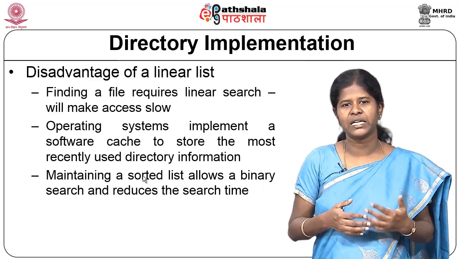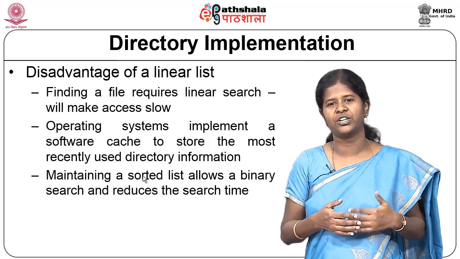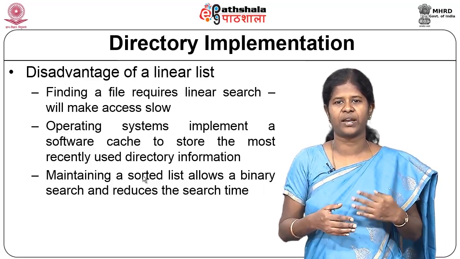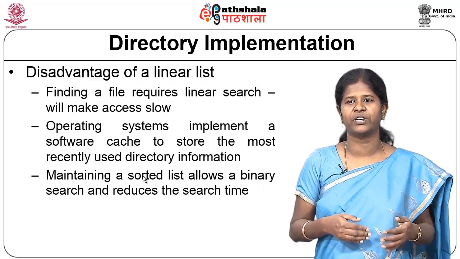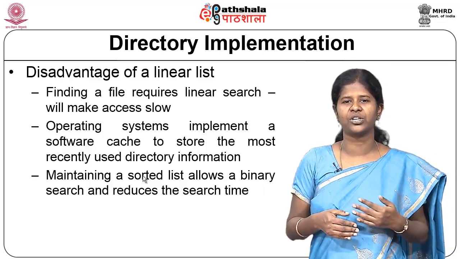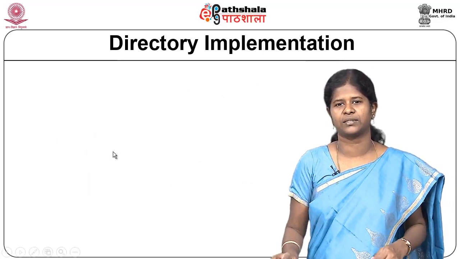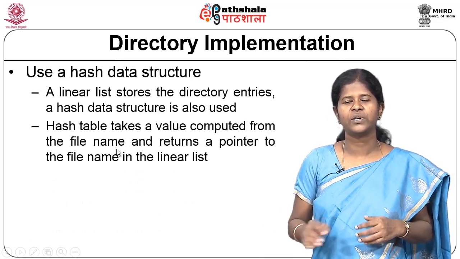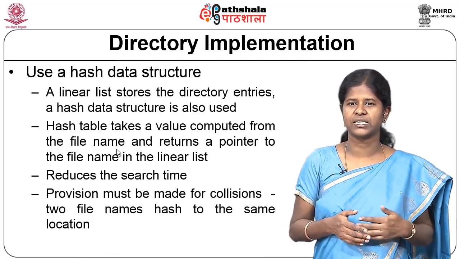You can also maintain a sorted list and then allow a binary search within that list, which can reduce the time, but maintaining the sorted list again becomes difficult. Whenever you are adding a new entry, you need to ensure that the list is maintained as a sorted list. So, rather than having a linear list, you can go for a hash data structure.